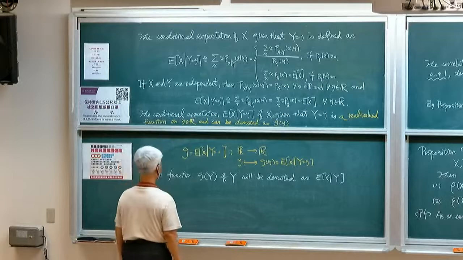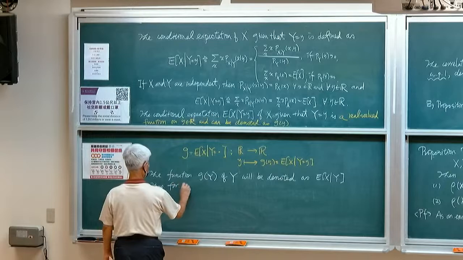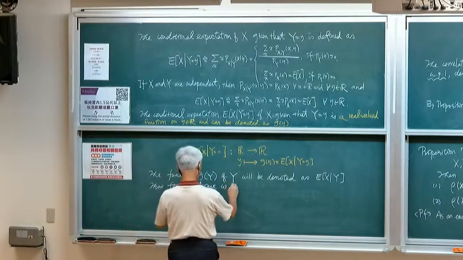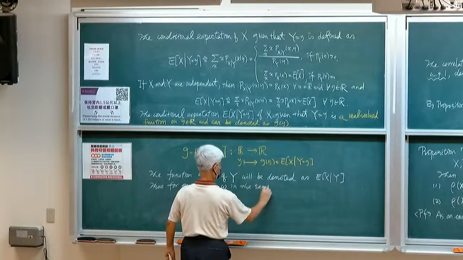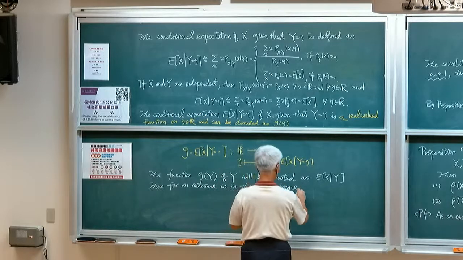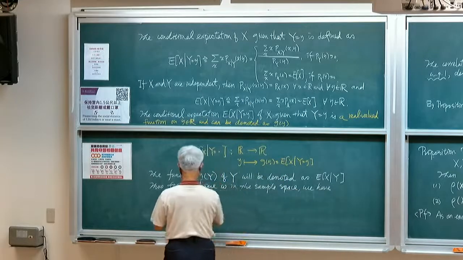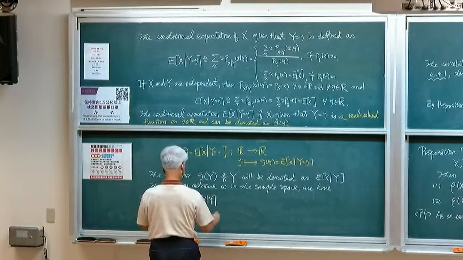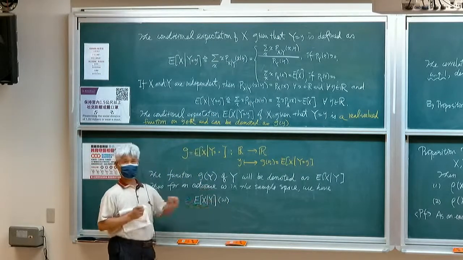So for an outcome omega in the sample space, we have, okay, now this is a random variable.